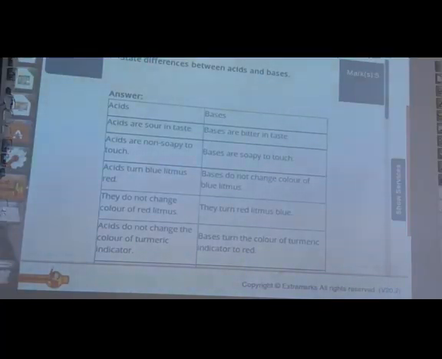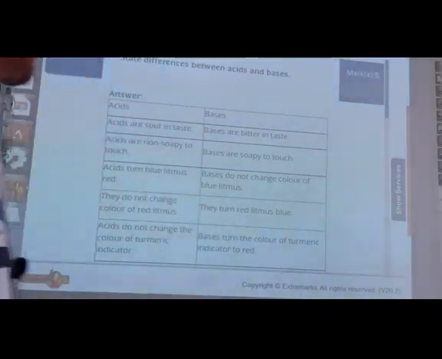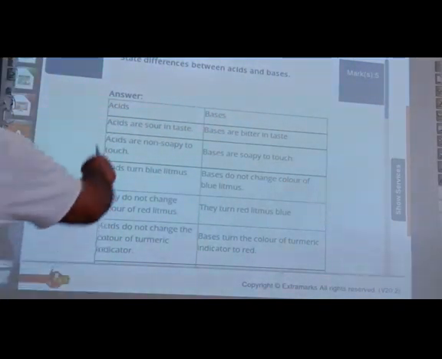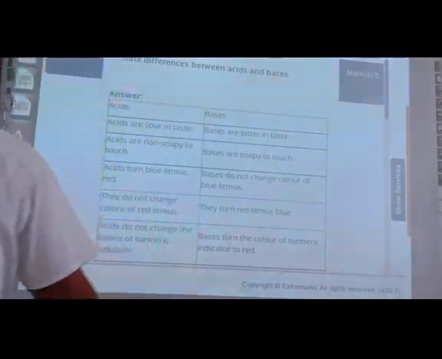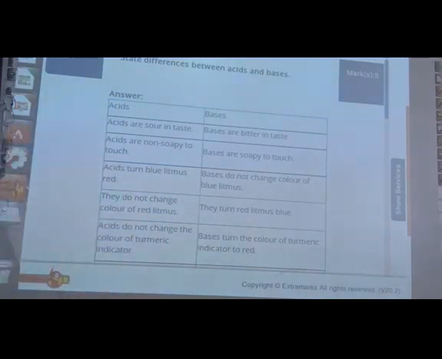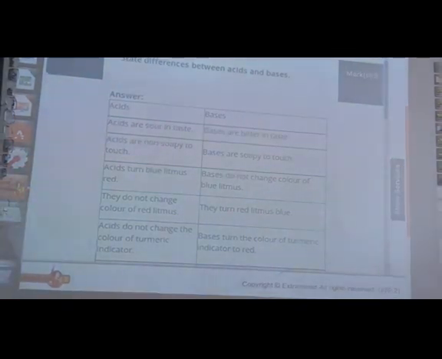Dear cadets, the answer to question number 1 you can write in this way also. Just see, this is the column of acids and this is the column of bases. Acids are sour in taste, bases are bitter in taste. Acids are non-soapy on touch, bases are soapy on touch. Acids turn blue litmus red, bases do not change the color of blue litmus.